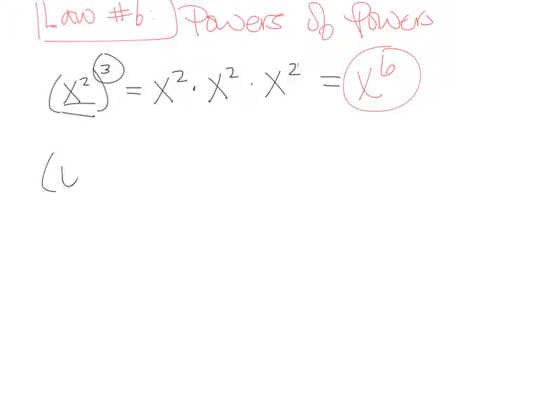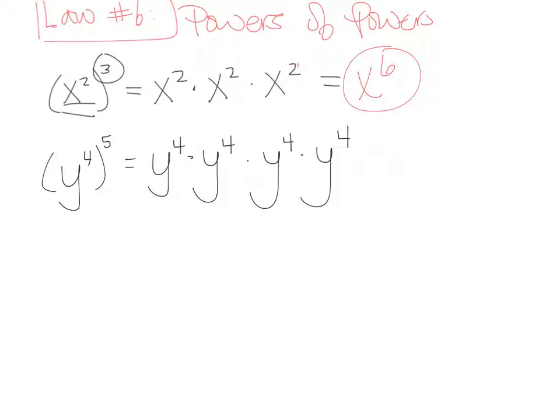Let's look at another one. If I have y to the 4th and I raise it to the 5th power, that means I have y to the 4th times y to the 4th times y to the 4th times y to the 4th. What operation is between all my y's? Multiplication. So what do I do with exponents? I add them up.